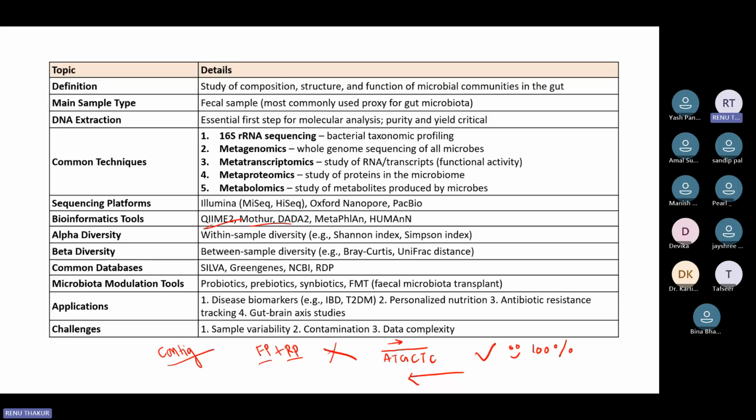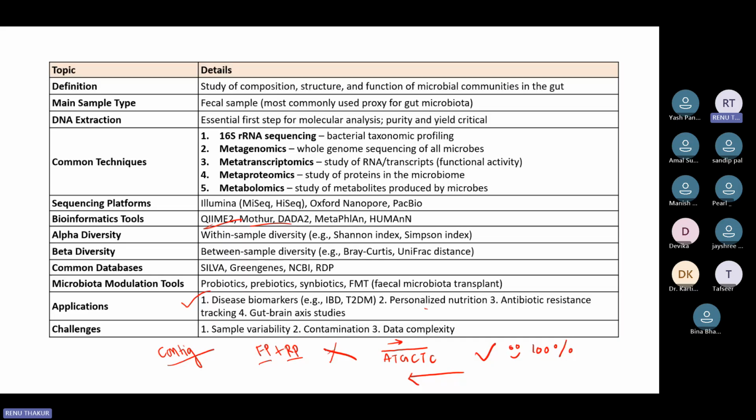The major application is disease biomarkers. Like if your gut is rich in this bacteria, you may have chances of IBD, you may have chances of T2DM, that is type 2 diabetes mellitus. And accordingly you can design personalized nutrition, that you can eat a fiber rich diet, a protein rich diet, and so on.